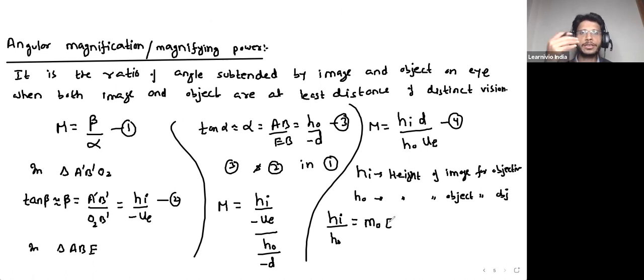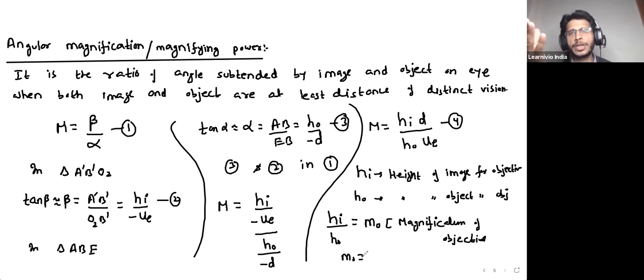If you take the ratio of height of image to height of object for the objective lens, this is M naught. M naught is the magnification of the objective lens. You know that magnification in a lens is V by U, image distance by object distance.